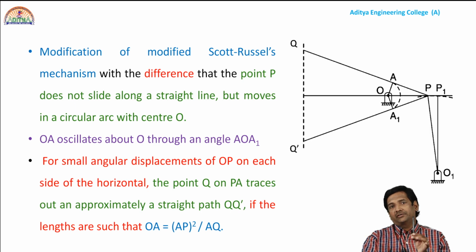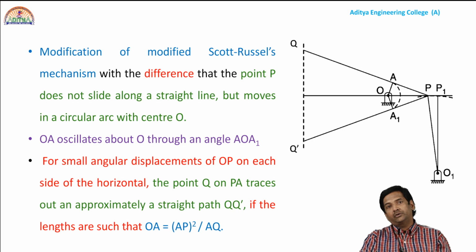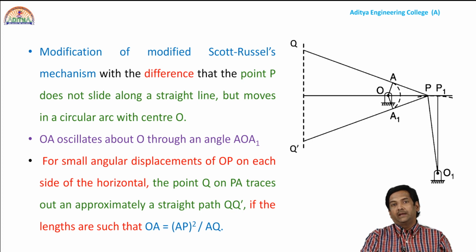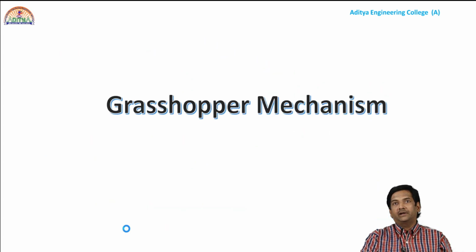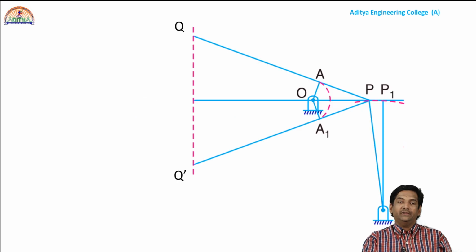Now, this approximate straight line contour can be traced by the point Q earlier. Now, if it is transferred to another point P, earlier in the Scott-Russell mechanism, the P is a slider here, but instead of the slider, we are having another oscillator. Another link is being added at the point P. So, the P slider pair is replaced with some rotary pair.